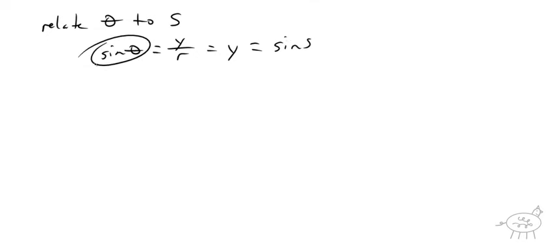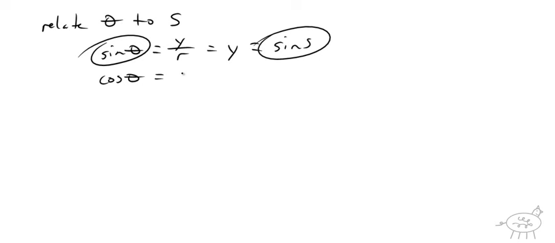Okay, so let's relate theta to S. Since sine of theta is equal to y over r, which is equal to y when r is 1, well, that's just sine of S. So it's a basic thing here. I'm just relating and telling you that it's the same thing. Same thing with cosine.